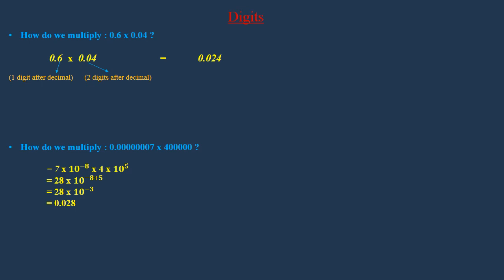The second number is 400,000, and 400,000 has 5 zeros. So we can write it as 4 into 10 raised to the power 5. 7 multiplied by 4 makes 28, and using power law we get 10 power minus 3. So 28 into 10 power minus 3 is equal to 0.028.